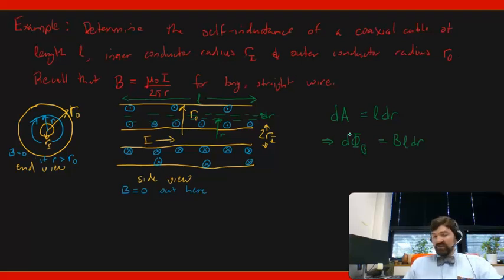And then in turn, essentially we would just do the integral to get phi b.